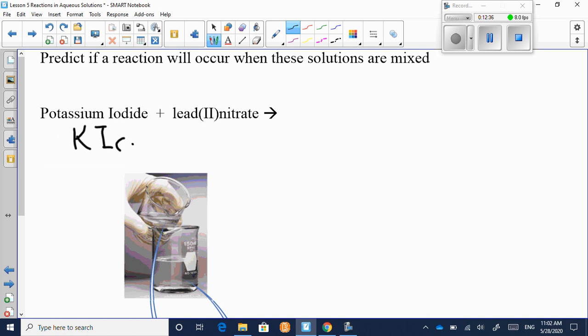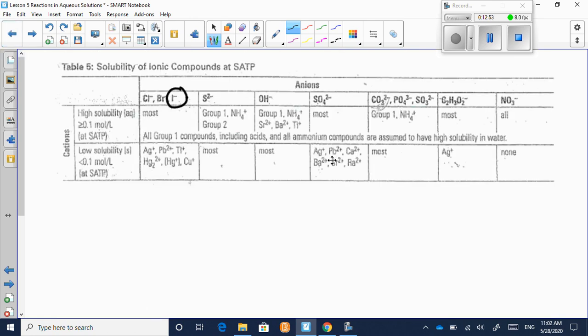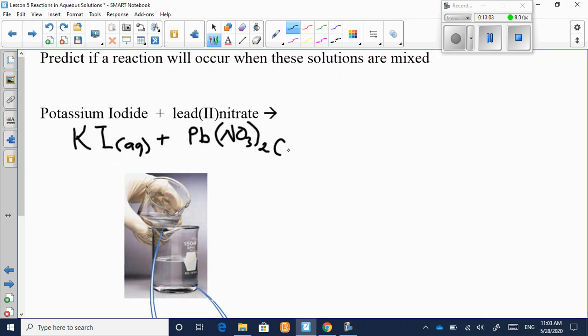Beautiful. So I'm going to put AQ. It's soluble. And then the other one is lead, and the 2 means it's a +2 charge. And then nitrate is a -1, so I need a bracket and a 2. Let's double check nitrate. And hopefully a lot of you are saying, well, Mr. Webster, I don't even have to check nitrate because all things are soluble in nitrate. So definitely it is aqueous.